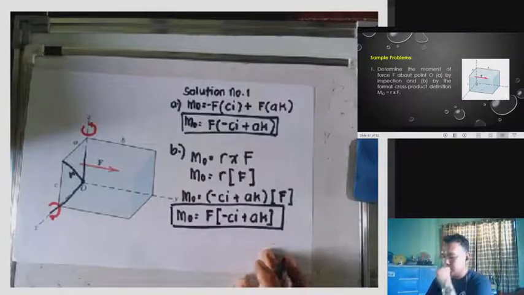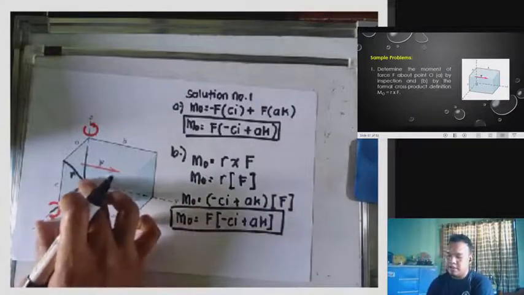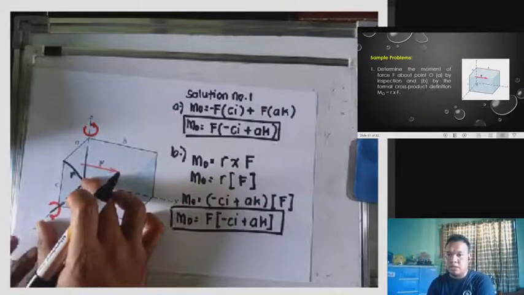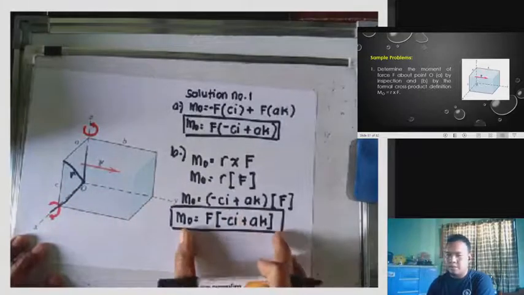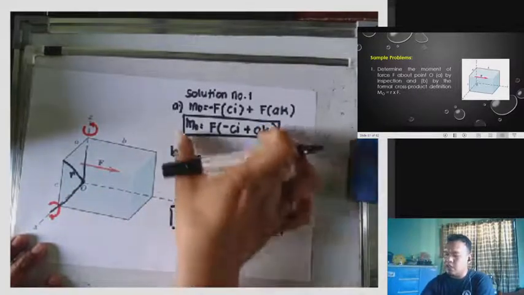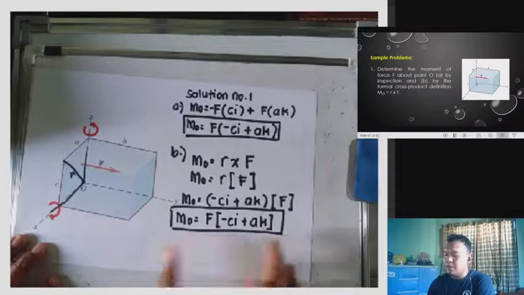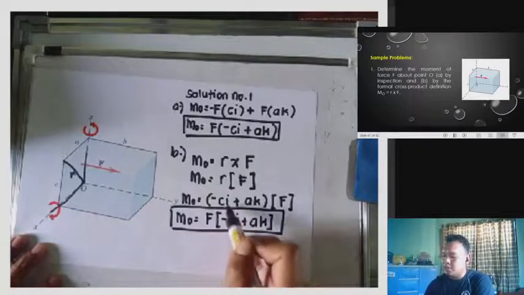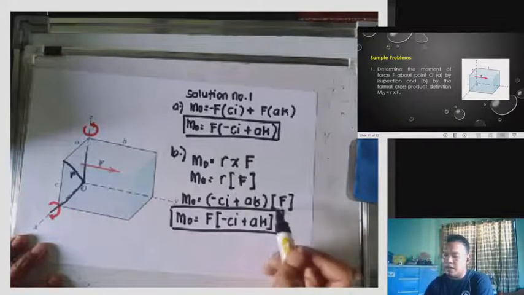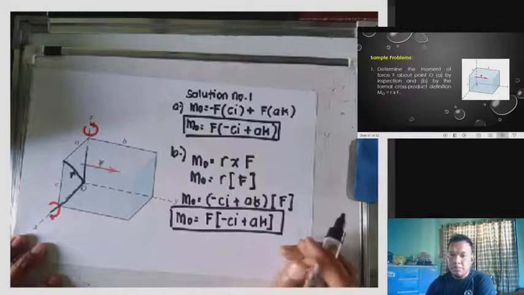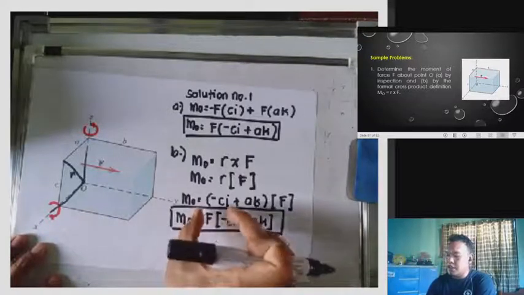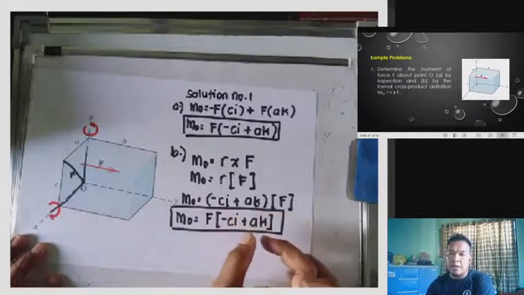Kumbaga, pagkuha natin ng R, actually dapat Pythagorean theorem siya, di ba? Pero dito kasi pinapakita lang na ito at ito ay pareho. Pero di ba, alam natin na since naka-vector quantity pa siya, I and K pa, ibig sabihin, pwede natin siyang gawin na CI plus AK pa, no?